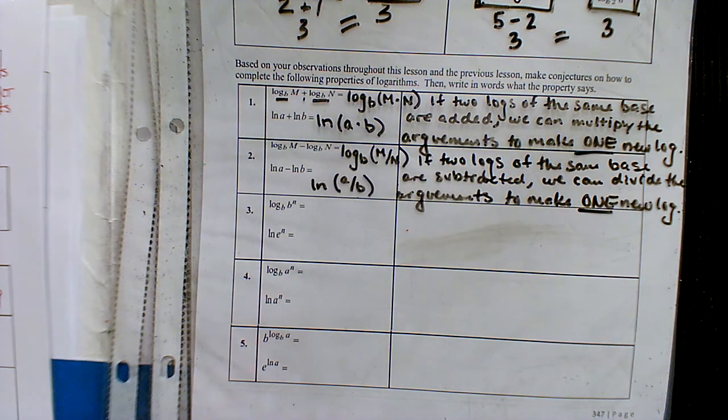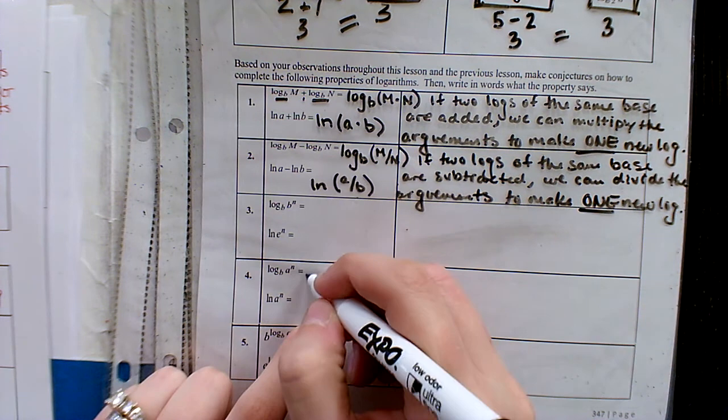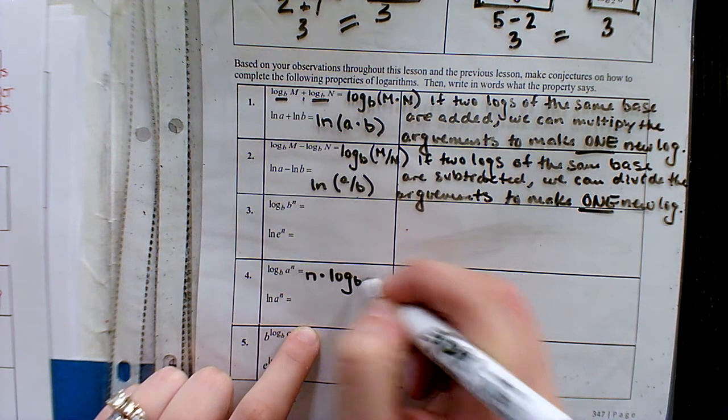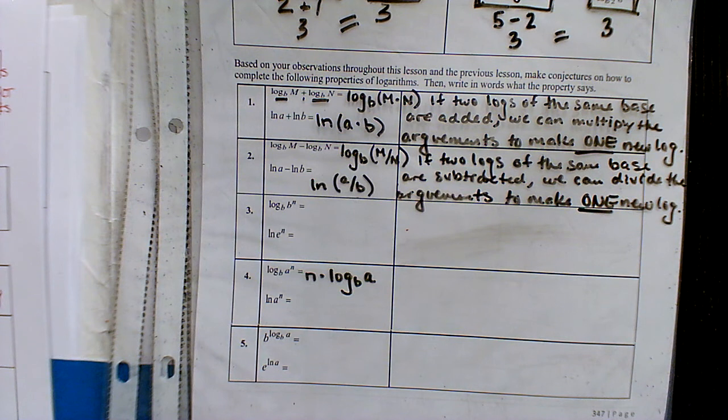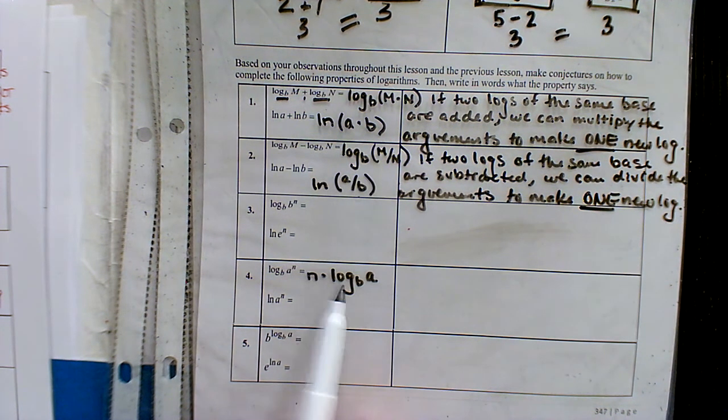So what's going to be a little interesting here is this power of n, since it's a power, can be moved down as a multiplier, meaning a coefficient out front of the log. What are logs again? Logs are powers. So notice how we're taking this power of n times this log, which represents a power.